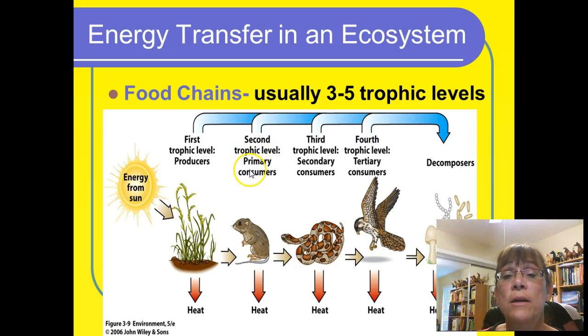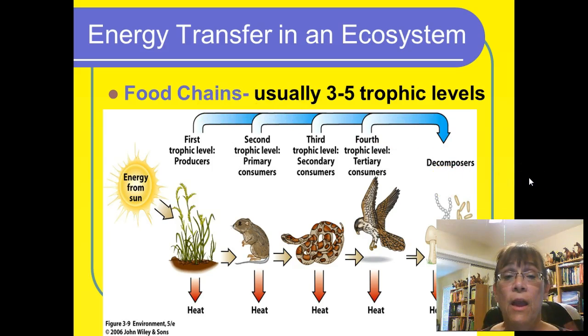When you have a primary consumer in your second trophic level, sometimes that can trip you up, because you've always got to remember that your first trophic level is your producer. And then we move on to the consumers. Primary, secondary at the third trophic level, and tertiary at the fourth trophic level. Then eating at all levels are your decomposers.